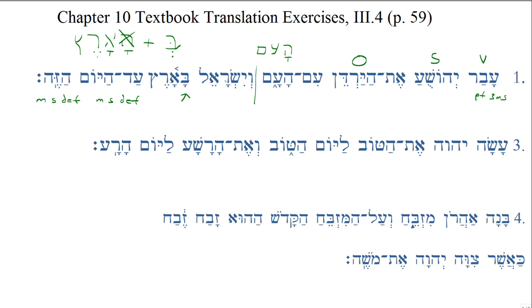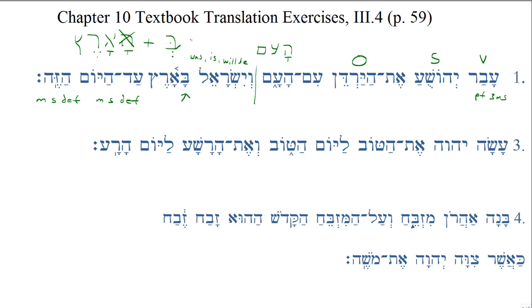Looking at the second half of this verse, then, we have the conjunction v, Yisrael, and Israel in the land until this day. So something's missing here, and this is what we call a verbless clause, and so we need to supply a to be verb. We could say was, is, will be.